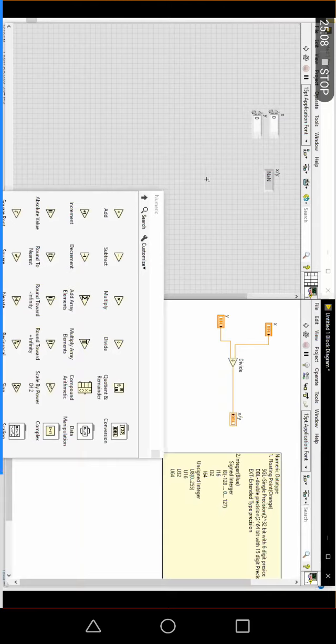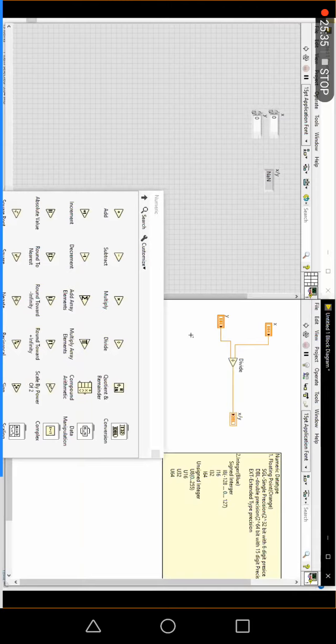Kindly make a note of that. NaN, what is that? NaN means we can say undefined, or the proper term is not a number. Kindly make a note of that point: when dividing 0 by 0 with the DBL representation, that is very, very important, the output of the divide function will be NaN, not a number.